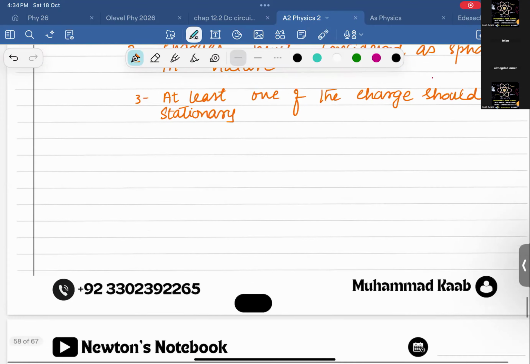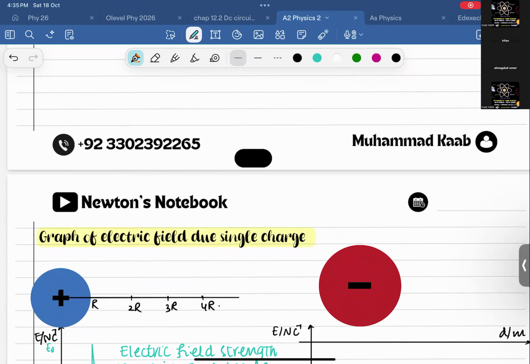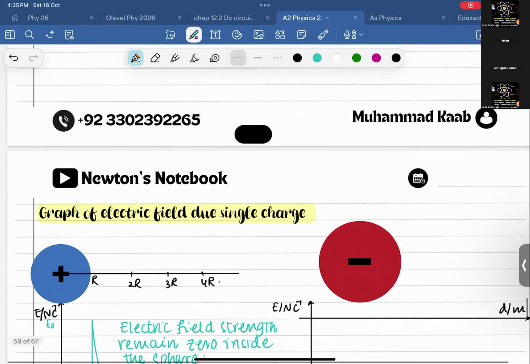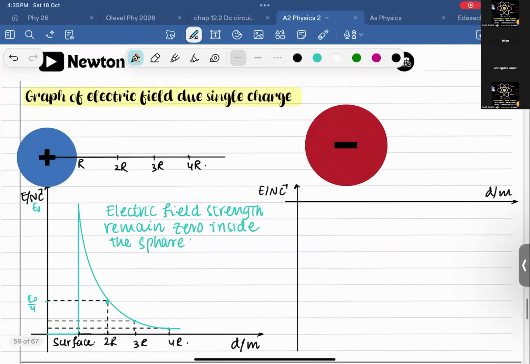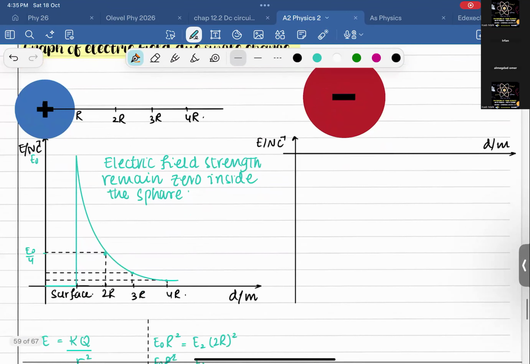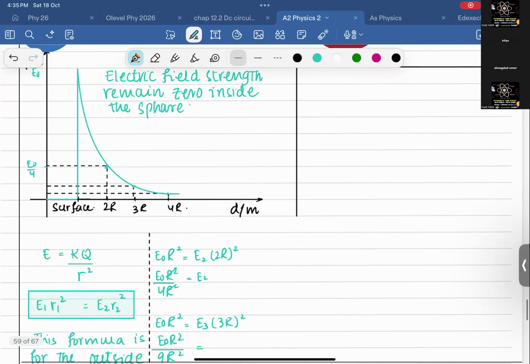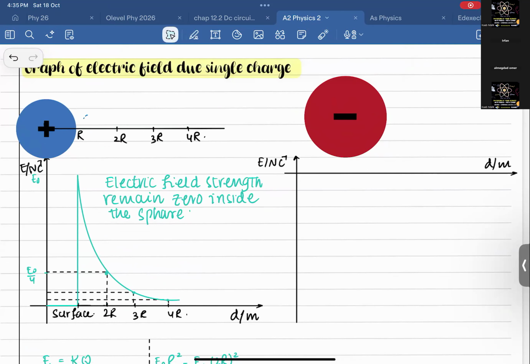Now if we move on to this part, okay? Now we have the field strength due to the charges, right? I've drawn one of the graphs for the positive charge, and I'll be making it for the negative charges.